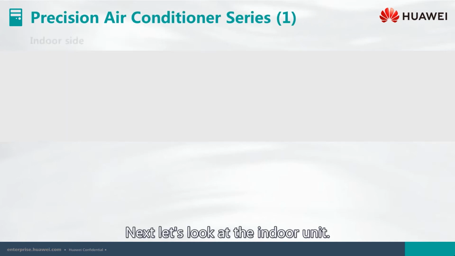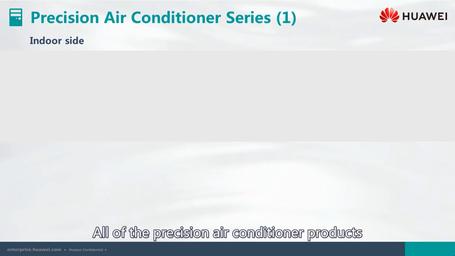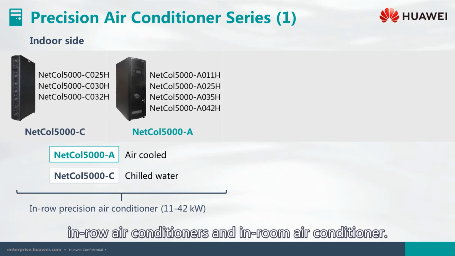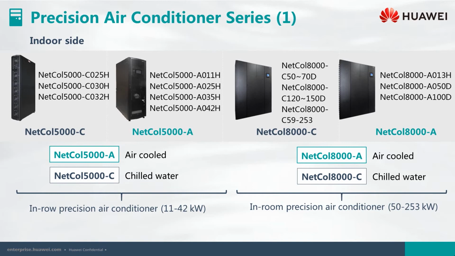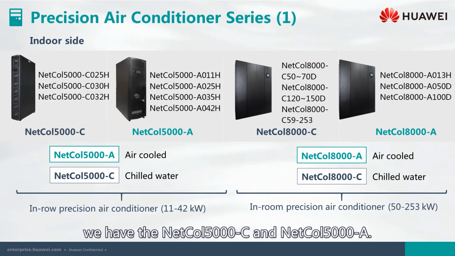Next, let's look at the indoor unit. All of the precision air conditioner products are divided into two categories: in-row air conditioners and in-room air conditioners. For the in-row air conditioners, we have the Netco 5000C and Netco 5000A.